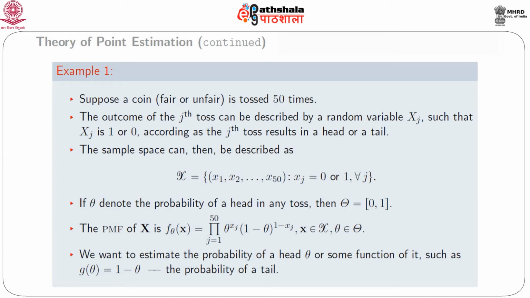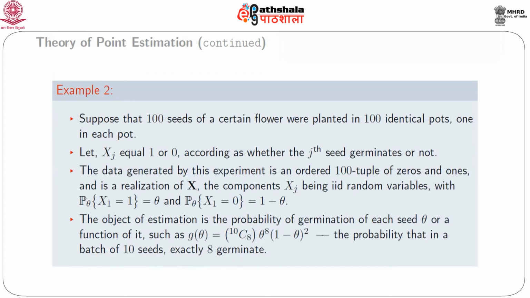Next we consider another example. Example 2. Suppose that 100 seeds of a certain flower were planted in 100 identical pots, one in each pot. Let Xj equal 1 or 0 according as whether the jth seed germinates or not.